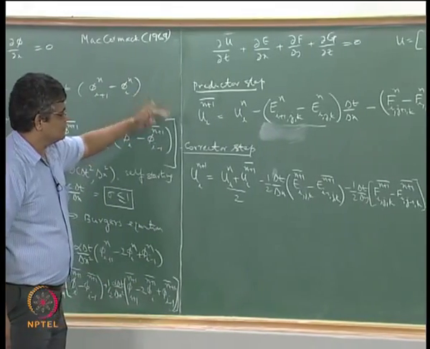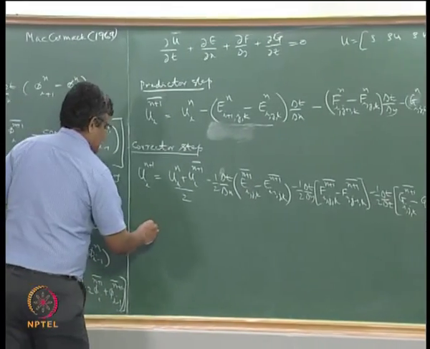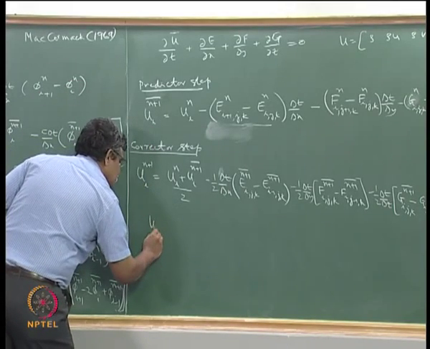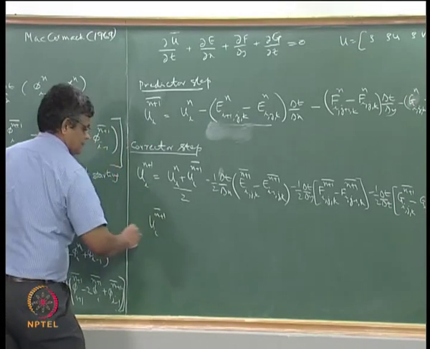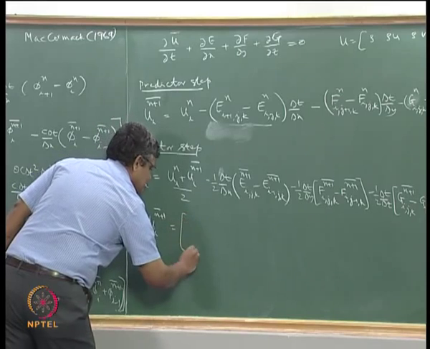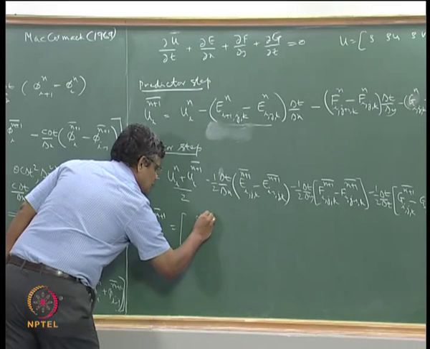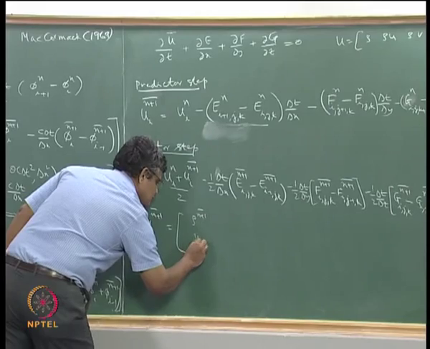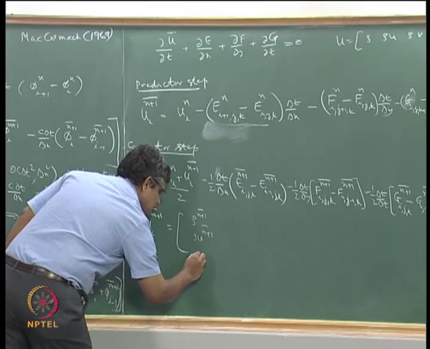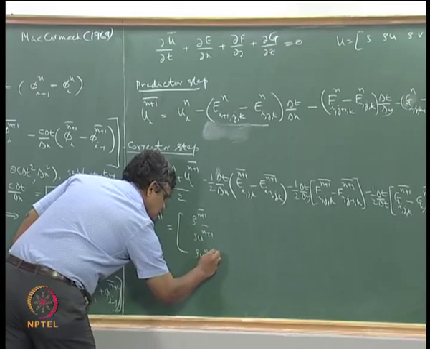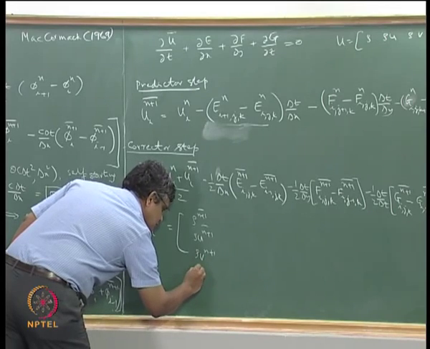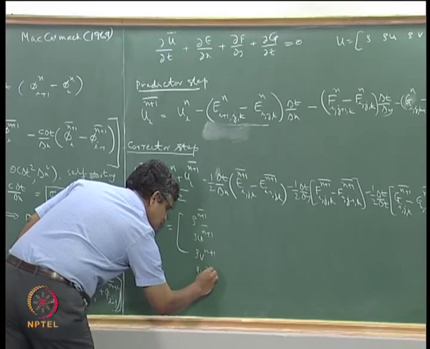So using these steps, we first evaluate Ui n plus 1 bar. Okay, so that gives us rho n plus 1 bar, rho u n plus 1 bar, rho v n plus 1 bar, and rho w n plus 1 bar.